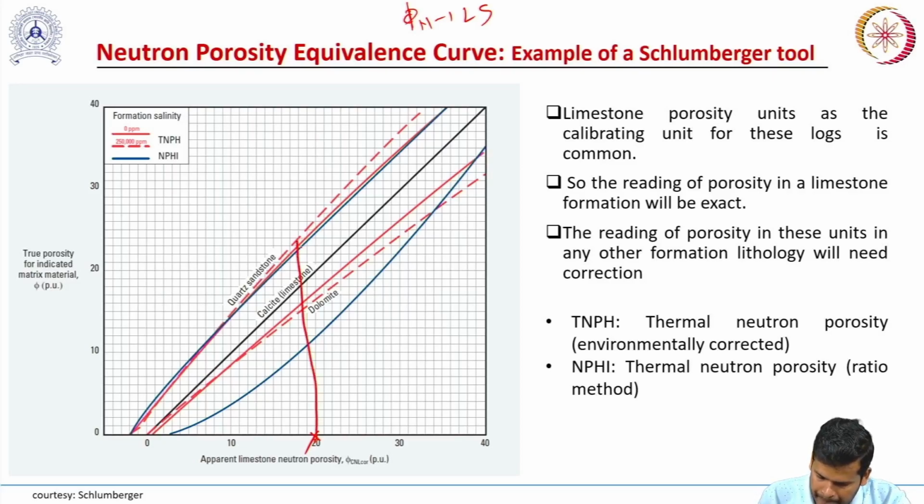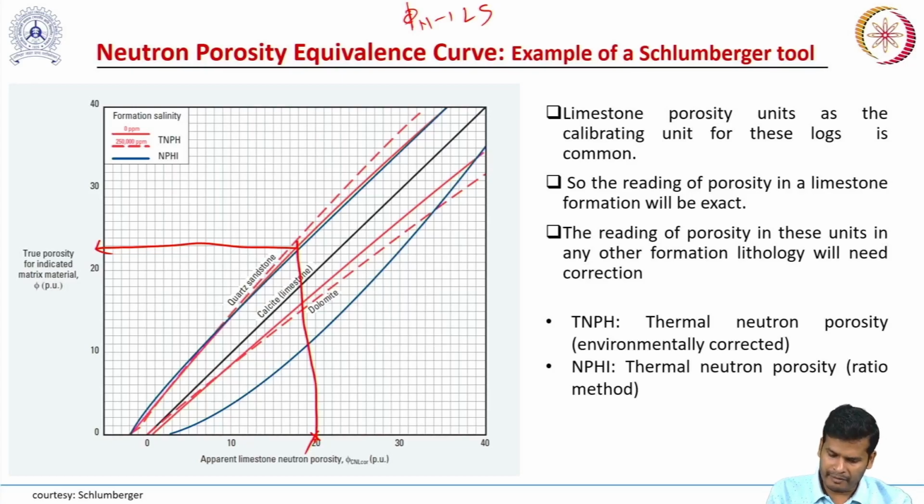I will pick the sandstone curve and go toward the y-axis and read our true porosity if the formation is actually sandstone. This way, limestone neutron porosity units can be converted into sandstone porosity units if the formation is sandstone, or limestone porosity units can be converted to dolomite porosity units if my formation is actually dolomite.